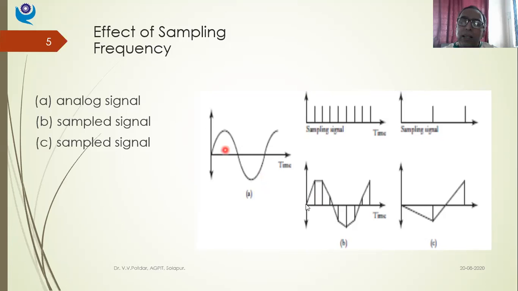Though I have sharp edges, like a square wave, the peaks are similar, the transitions are similar, and the lows are similar, right? The inflection points are also similar. So if I have a better sampling frequency, I have a good replica of my analog signal.